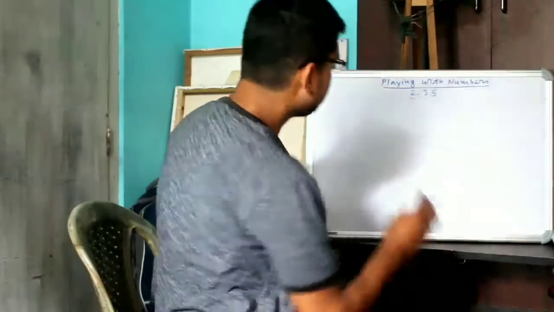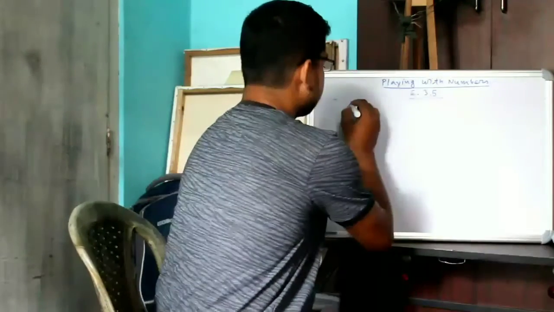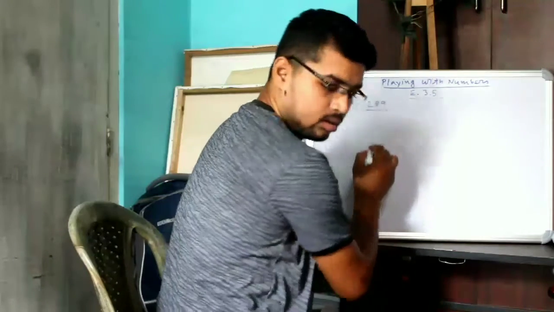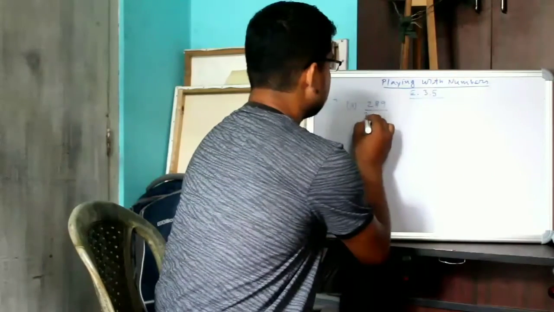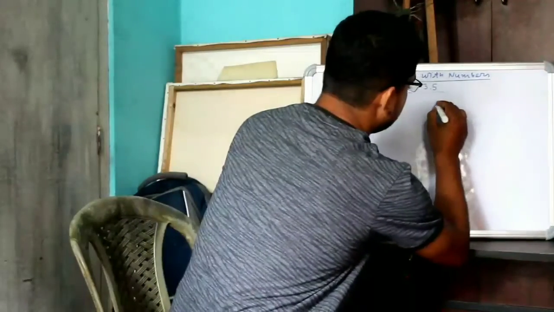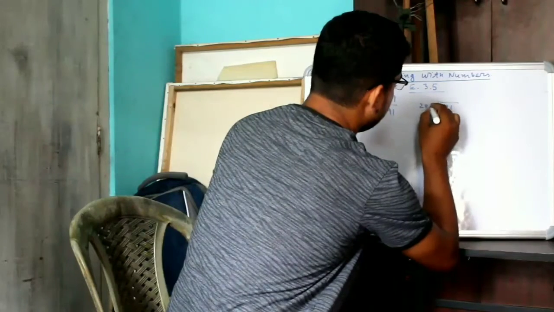Next number 4, number 2: 289 and 391. Let me check by the division method. 391, 289.